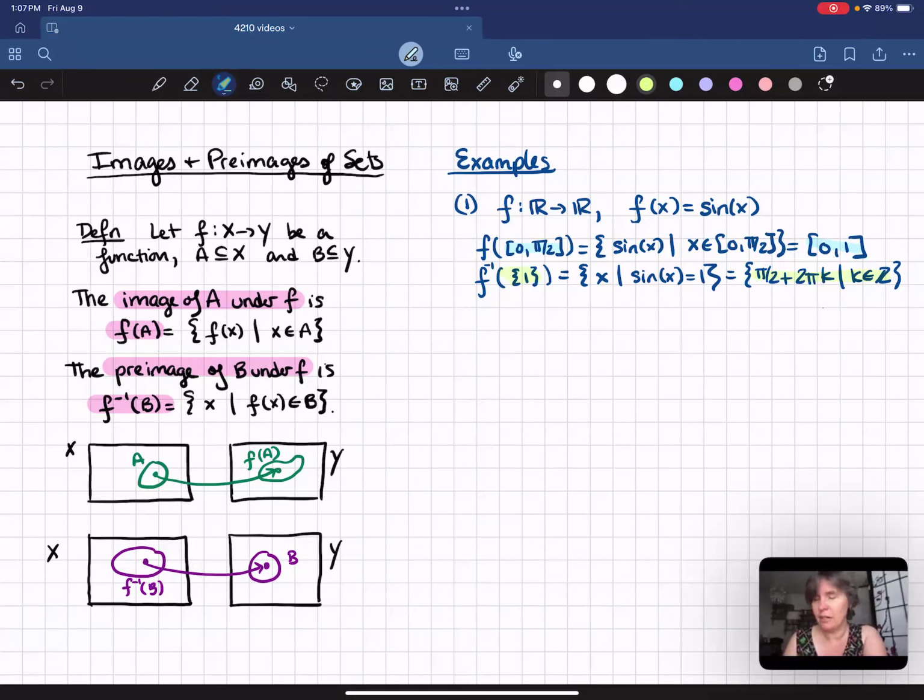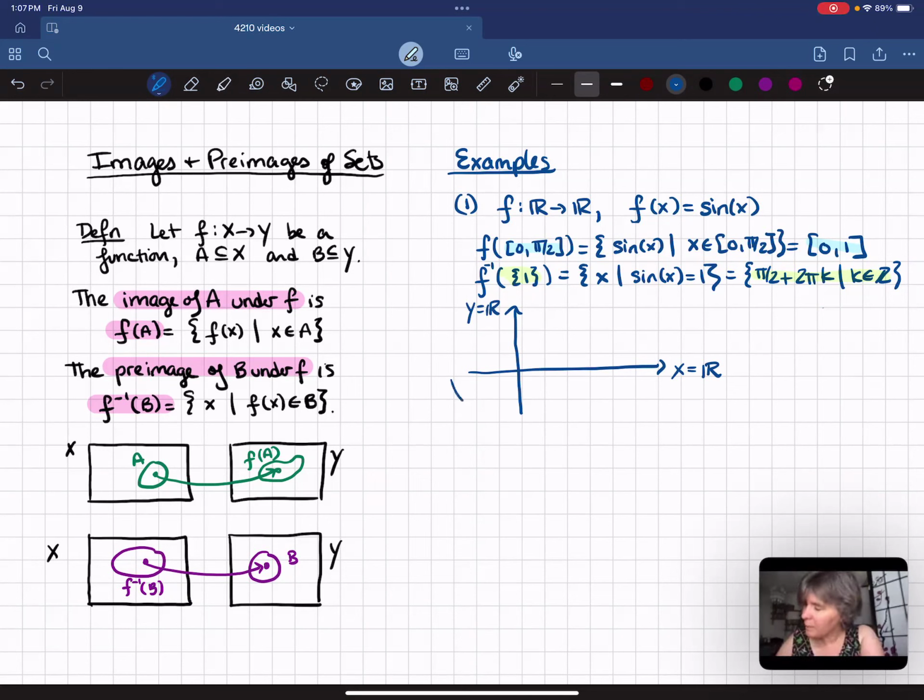You don't necessarily know. Now, we also might have wanted to think about this using a graph of sine of x. So when you graph a function, we're always thinking of the horizontal axis as the domain and the vertical axis as the codomain. And I know the graph of sine of x sort of looks like that, okay?